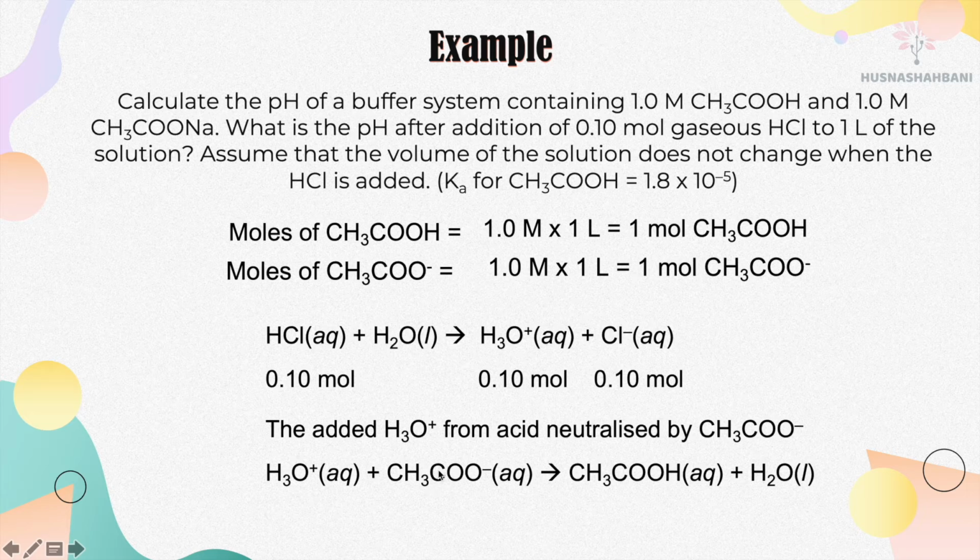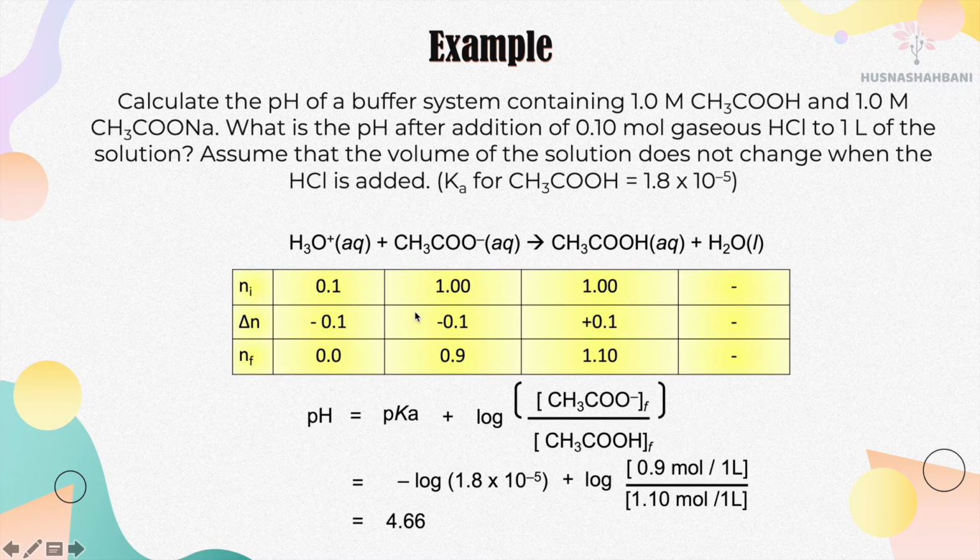This is the conjugate base, so this is the acid. It will become neutralized, becoming CH3COOH plus H2O. Now, H3O plus reacts with CH3COO minus to give CH3COOH plus H2O. From this equation, you need to find the pH.